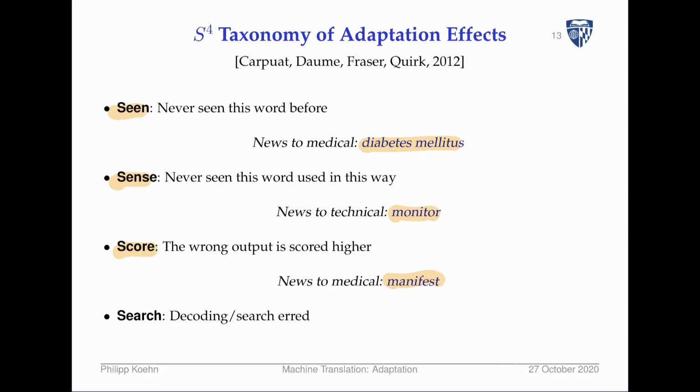That's the one where we also take our preferences from when we translate that medical content. And then finally, search errors, where all the models point you in the right direction, but you have mistakes in search. They analyzed a lot of effects of how these different errors show up if you train on in-domain and out-of-domain data.